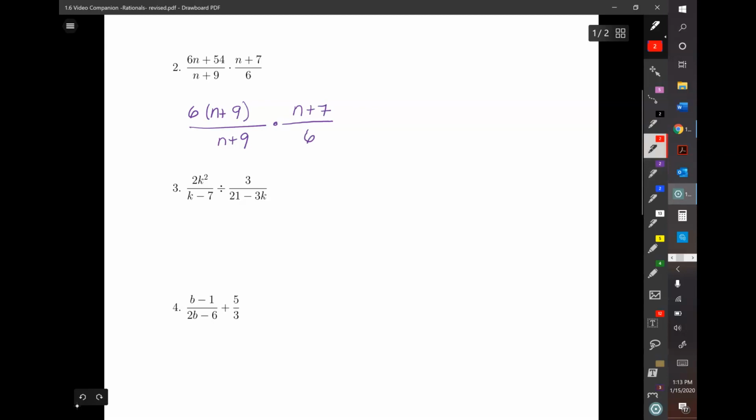I can simplify the 6 in the numerator with the 6 in the denominator, even though it's on the diagonal. That's fine. And then the first fraction, I have (n + 9) over (n + 9), so that reduces to 1. So ultimately, I'm left with n + 7 as my final answer.